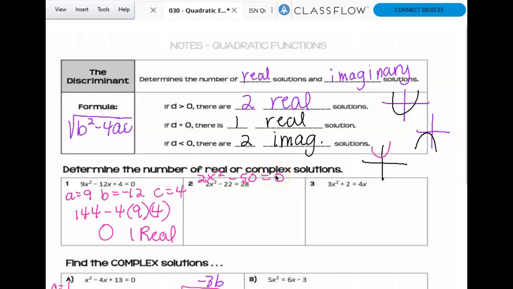So that equals 0 now. I just subtracted. So that gives me an A of 2. Does it give me a B? There's no B because there's no x there. So I took the 28 and I subtracted it over here, and that's where I got the negative 50.